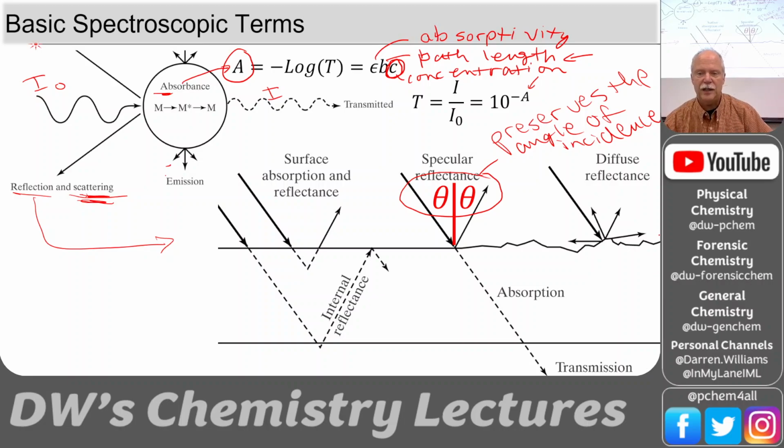And then diffuse reflectance is all other angles, all other thetas if you want.